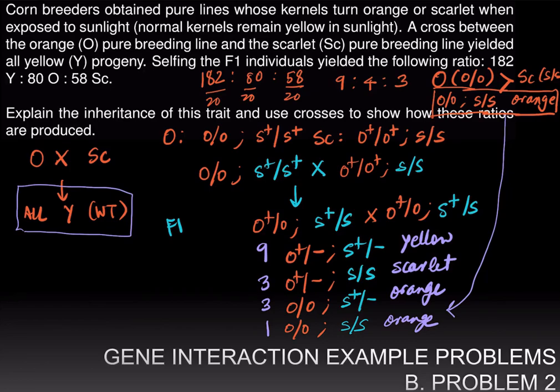And working out this cross confirms that we will get a 9:4:3 ratio of yellow to orange to scarlet, with the conclusion that the orange mutant must have been epistatic to scarlet.